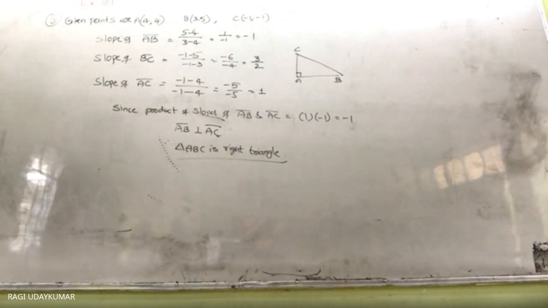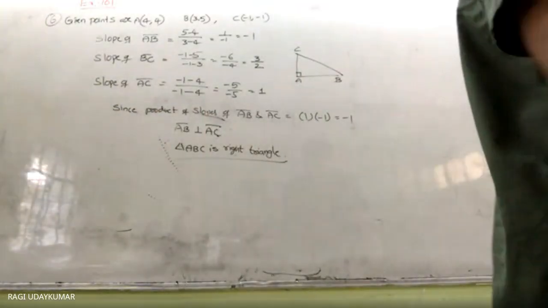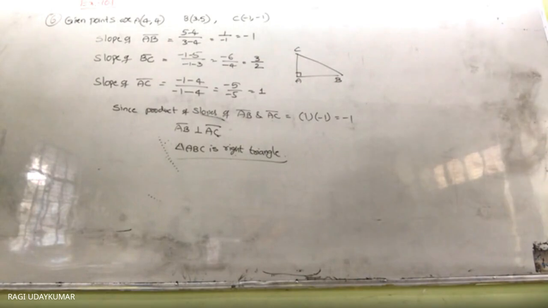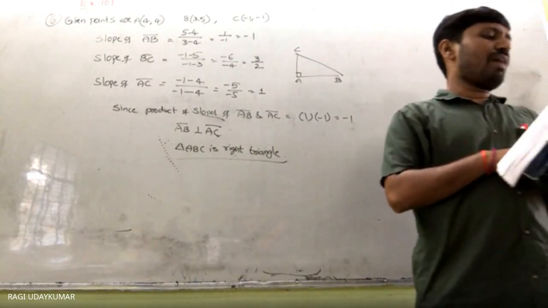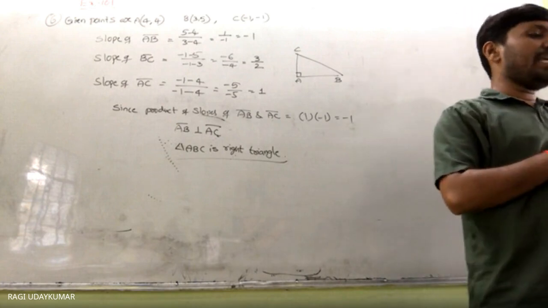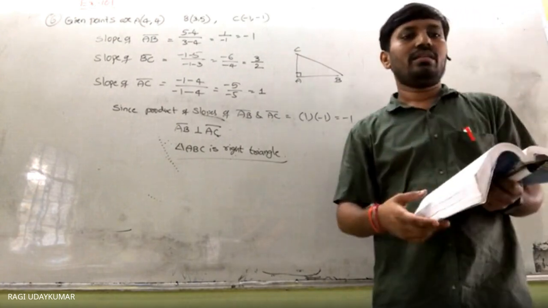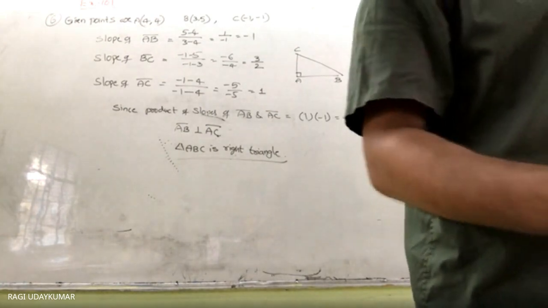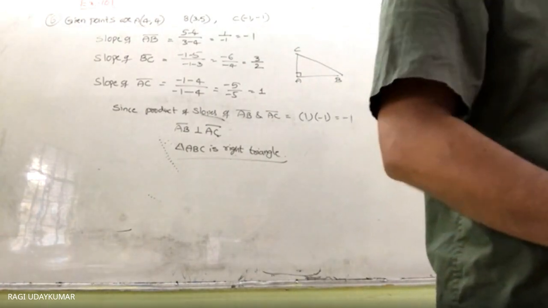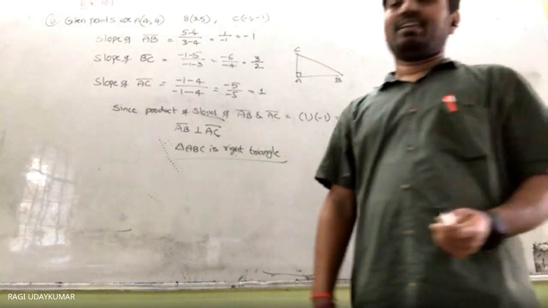Okay. Next question is given to you here. The seventh you can do yourself. The eighth one you see here. Find the value of x for which these 3 points are collinear. Usually collinear means we use the concept of area of the triangle.